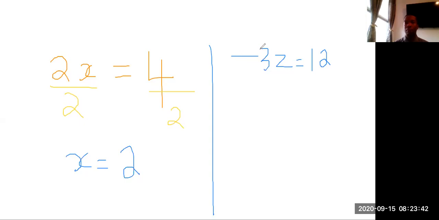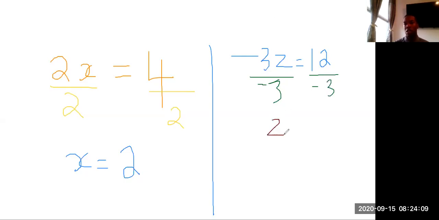Since this is negative 3z equals 12, I need to find what z is. So in order to do that, since this is multiplying z, I need to divide by negative 3 because it's multiplying. So I do the inverse. And then whatever I do on one side, sure enough, I've got to do it on the other side.